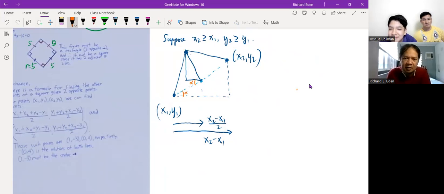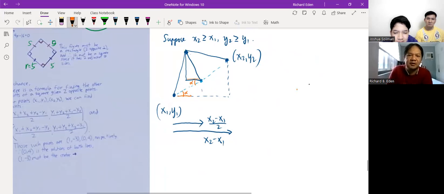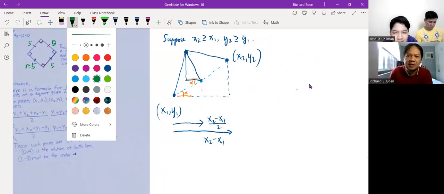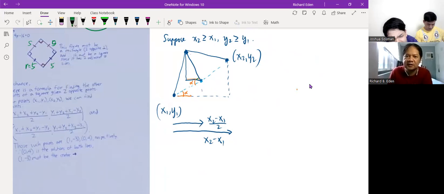Pero kasi kung horizontal to, tas horizontal din to, edi parallel. So however, we have 90 degrees here, itong green. 90 degrees. You see that? So if part of it is alpha, then this should be 90 degrees minus alpha. So therefore, alpha rin yun.